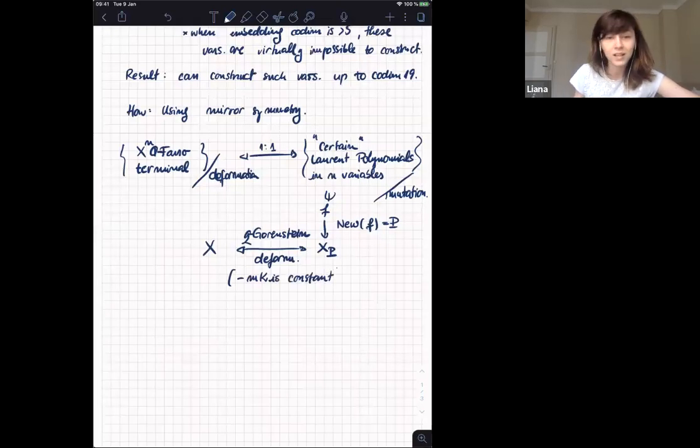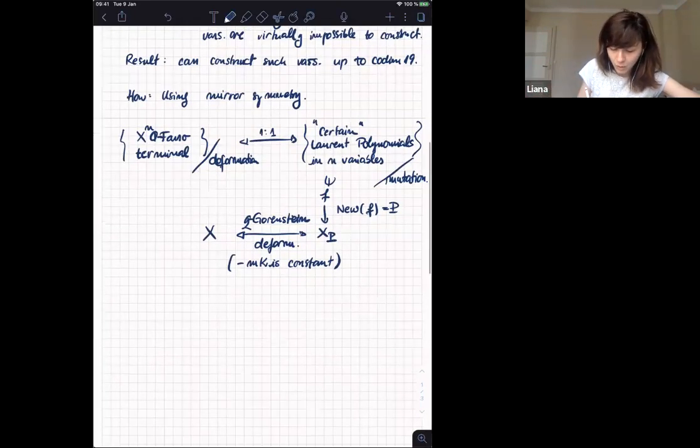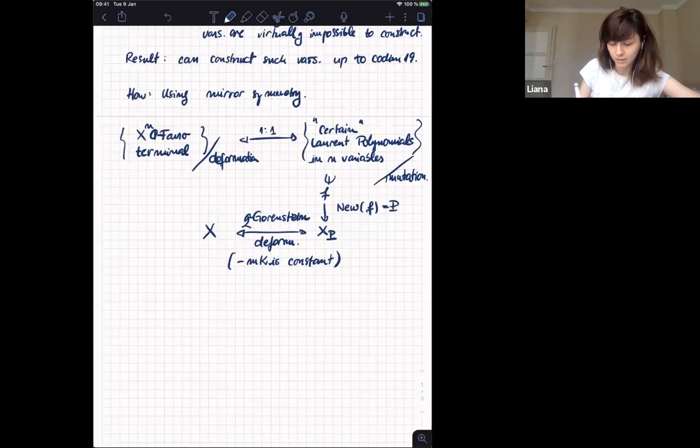So how many sections I have in -K, in -2K, etc. for X is the same as how many sections I have in these things for X_P. And also the degrees are the same, so (-K_X)^n, etc. Okay, so what else did I want to say? Yeah, so basically working around this degeneration or smoothing, so this is the degeneration, this is the smoothing, has been at the epicenter of this research here.